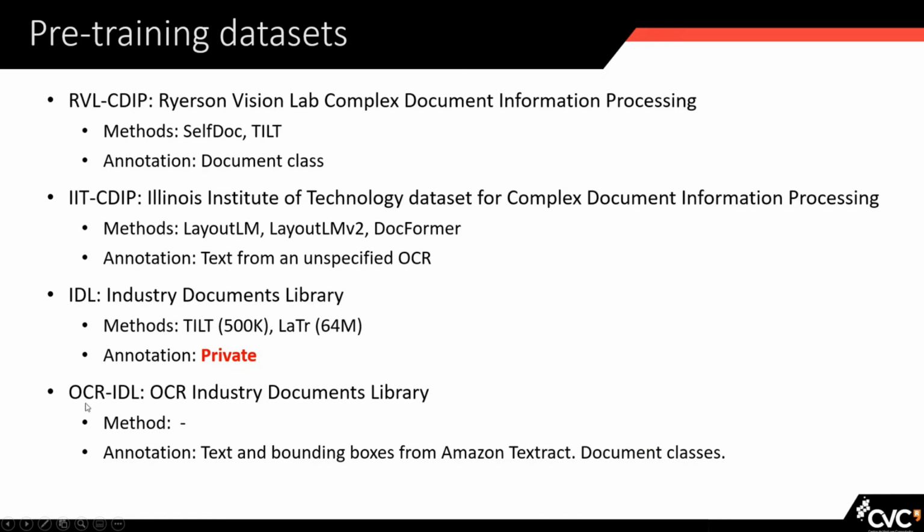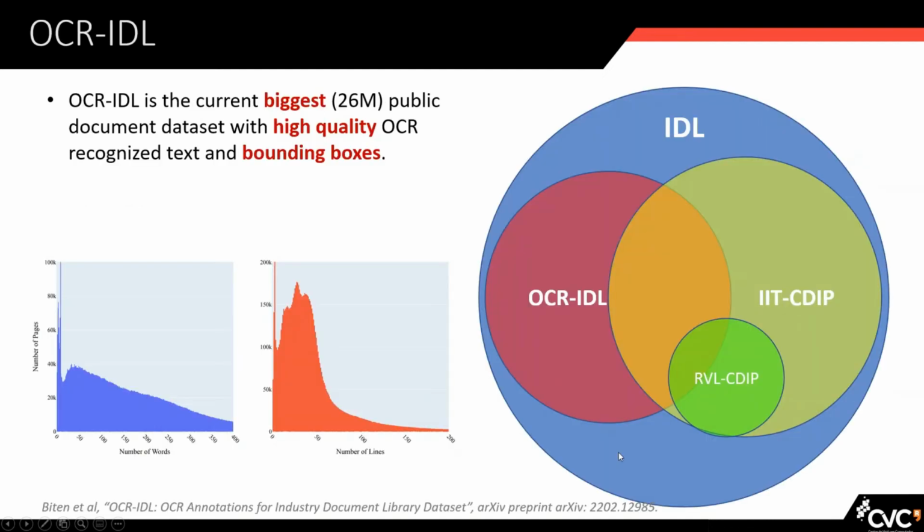So this is why I wanted to give a look at the OCR-IDL, which has the text and bounding boxes from Amazon Textract and the document classes. As I was saying, those datasets are not independent. IIT comes from the old Tobacco Legacy Document Library, which now is part of the whole IDL.